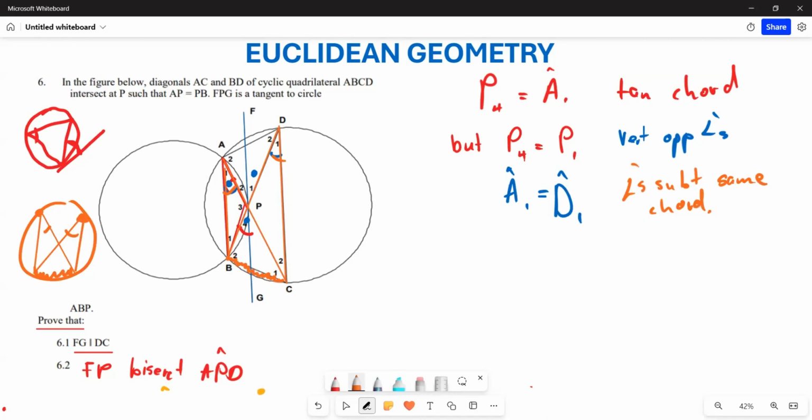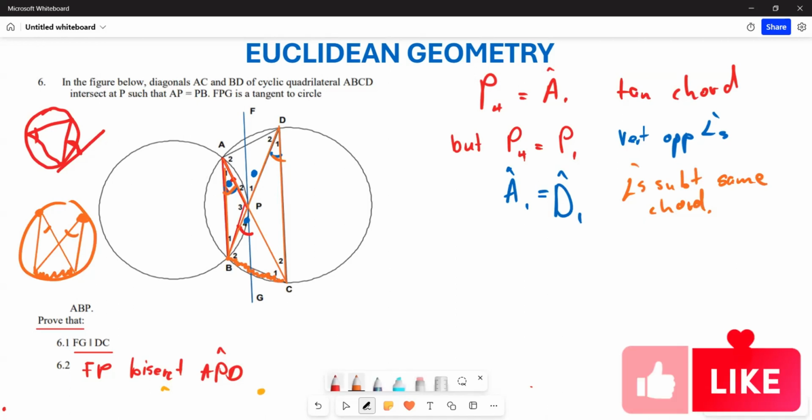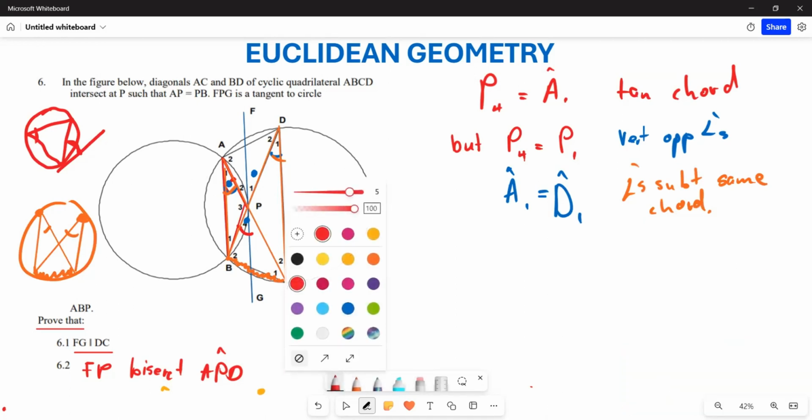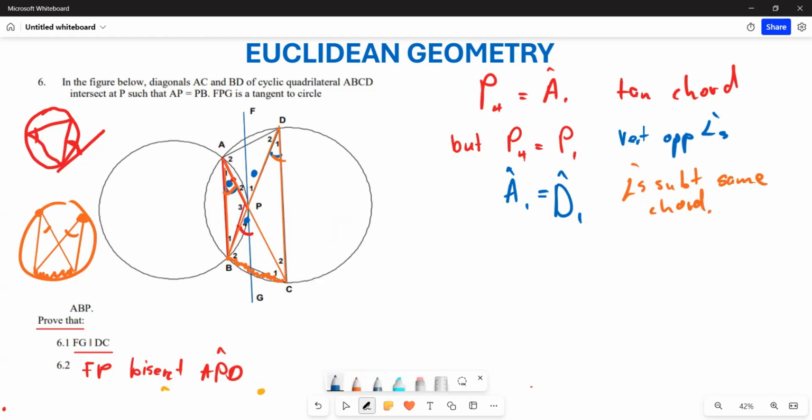Now, if I make my blue marks here, this particular angle is blue, this is blue, this is blue, and this is blue.